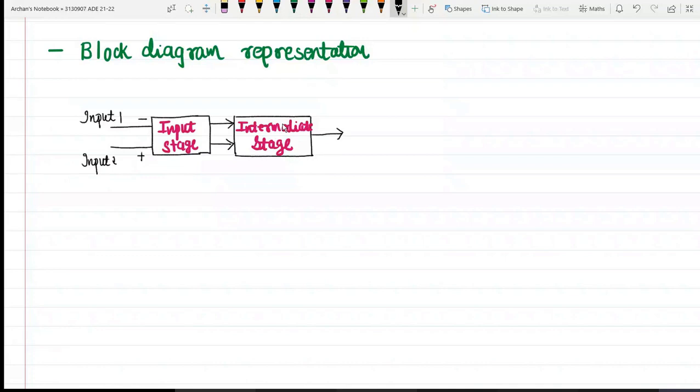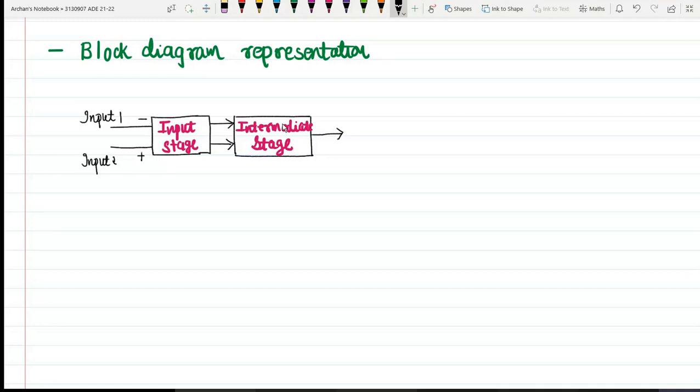The overall gain requirement of the op-amp, as we know, is very high. The input stage alone cannot provide such a high gain, and this is why we provide this intermediate stage. The main function of the intermediate stage is to provide the additional voltage gain which is required.